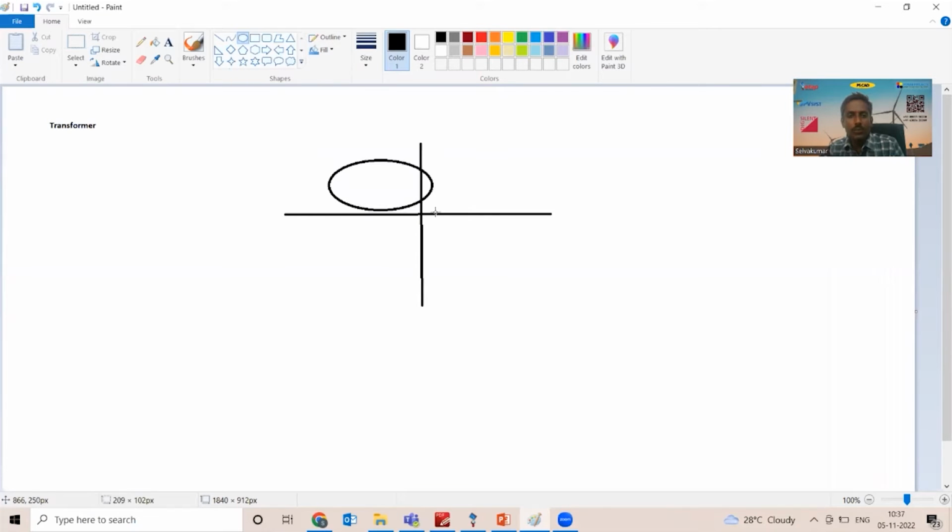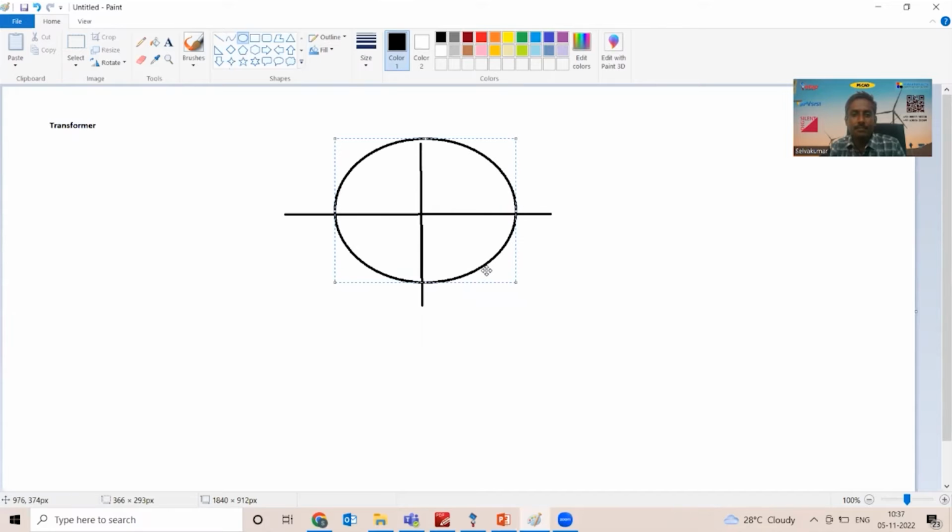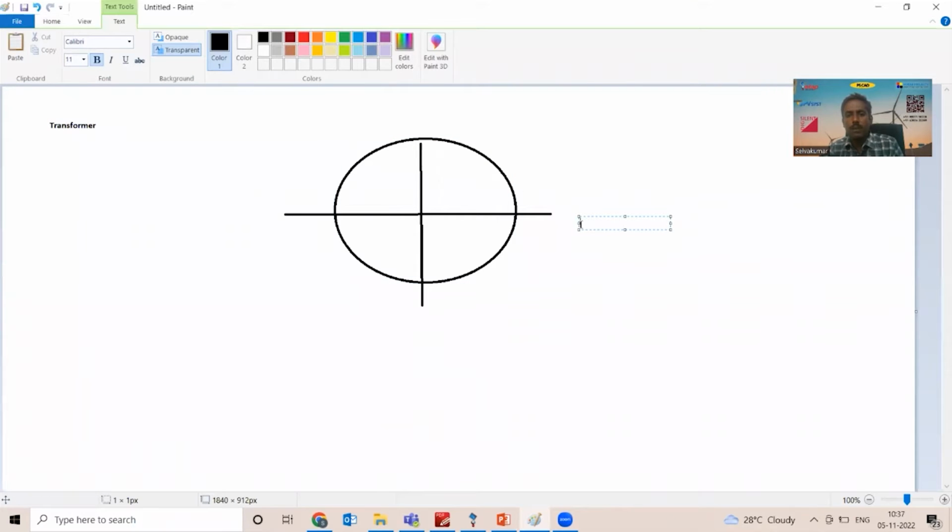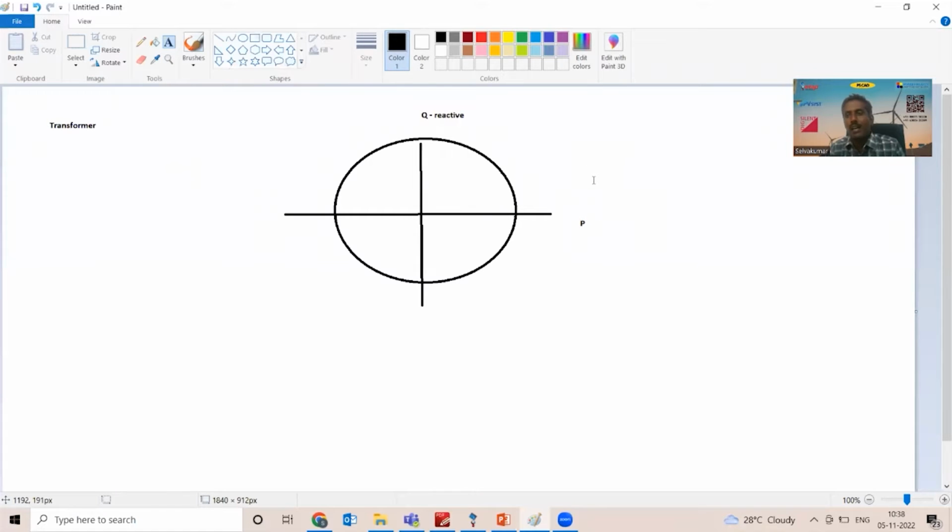The capability curve of the transformer is a circle, its center is 0, and its radius is its rating. So if you keep real power on the x-axis and reactive power on the y-axis, the transformer capability curve is, at least theoretically, a circle, right?